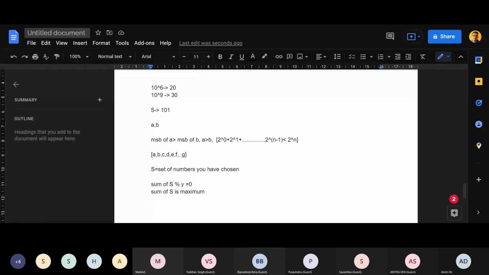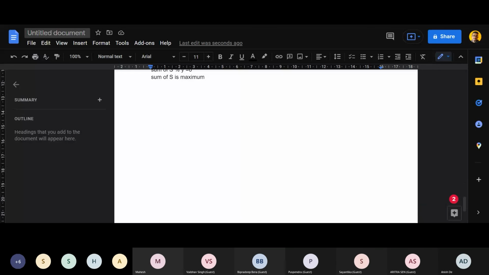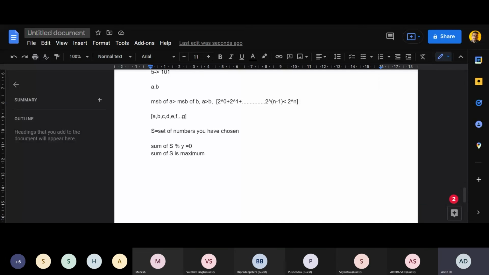Is the question clear? Yes, so any approach on solving this? You have to choose a set of numbers in such a way that the sum of the numbers is divisible by y, and the sum is maximum out of all such possible sets.